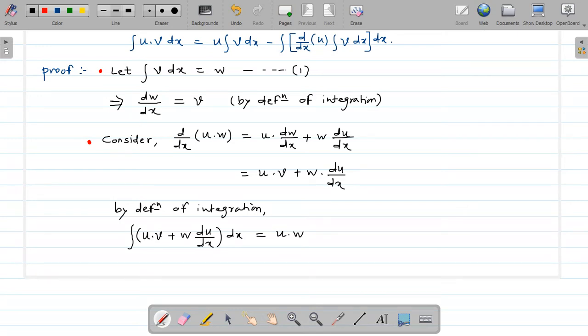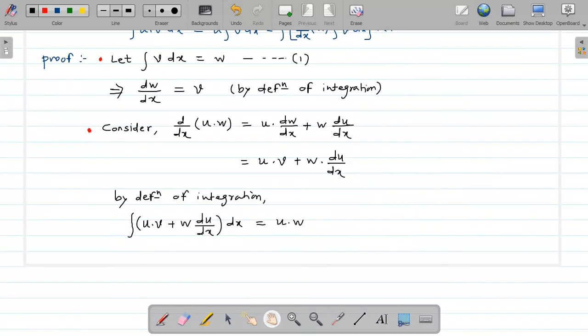Because the derivative of u into w is u into v plus w into du by dx, by the definition of integration, the integration of u into v plus w into du by dx with respect to x is equal to u into w.